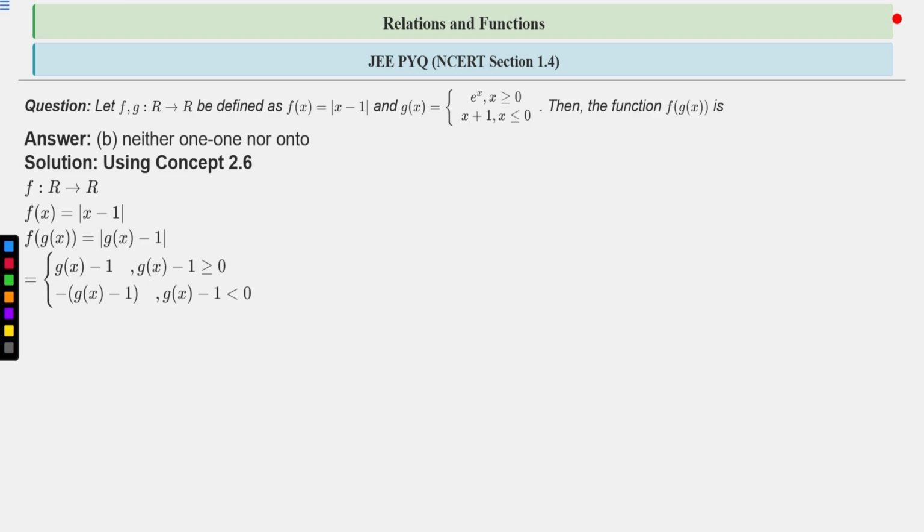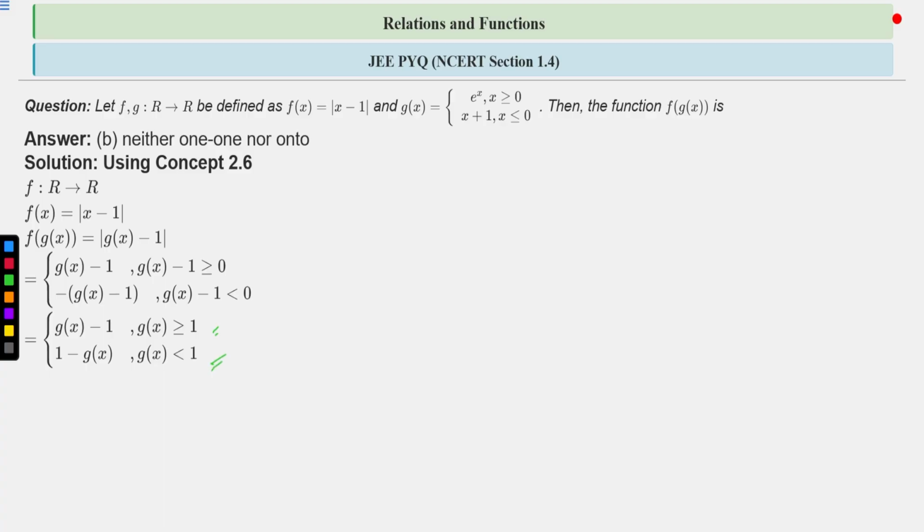Which we can write as g(x) minus 1 when g(x) minus 1 is greater than or equal to 0, because f(x) is mod x minus 1, and it will be equal to minus of g(x) minus 1 when g(x) minus 1 is less than 0. So it will be equal to g(x) minus 1 when g(x) is greater than or equal to 1, and 1 minus g(x) when g(x) is less than 1, right?